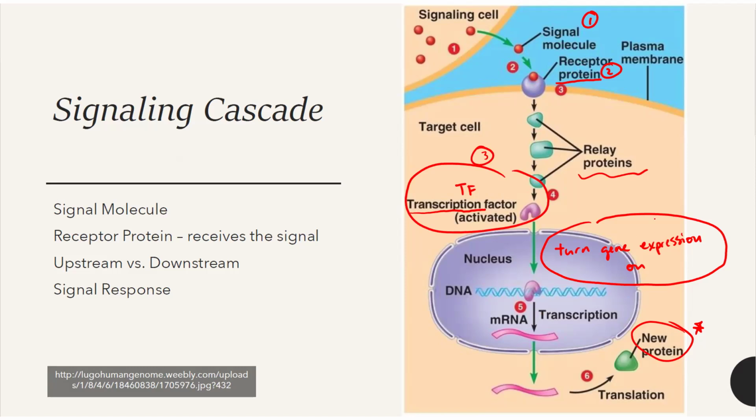Four would be a result of a signaling molecule interacting with a receptor protein, and that result is that gene expression gets turned on. The fifth thing is that gene expression leads to the production of a new protein. Okay, so that's what I want you to take away from this. Those five things, a couple of definitions, and then a couple of results.